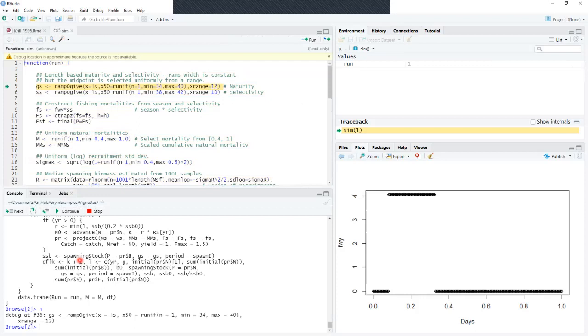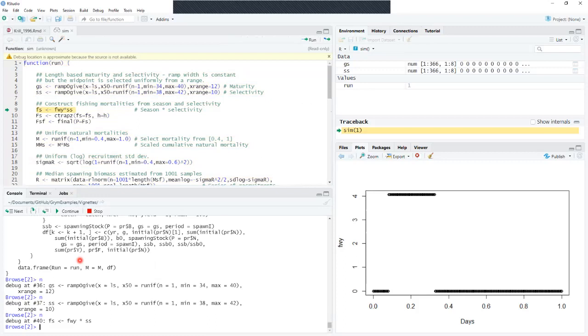In my mind, GS is kind of gonad, if you want a mnemonic. SS is selectivity. And again, these are matrices. This ramp OGIVE function just basically calculates a ramp. You set the midpoint of the ramp and the width, and it's basing it off the length. We could have based it off the ages or the weights or whatever. It's free for you to do this however you like.